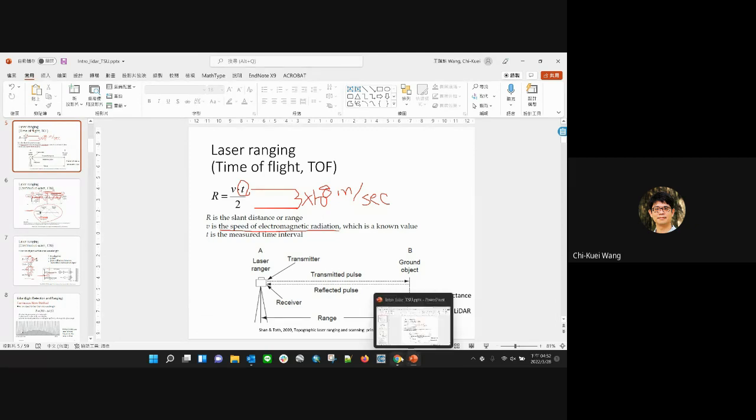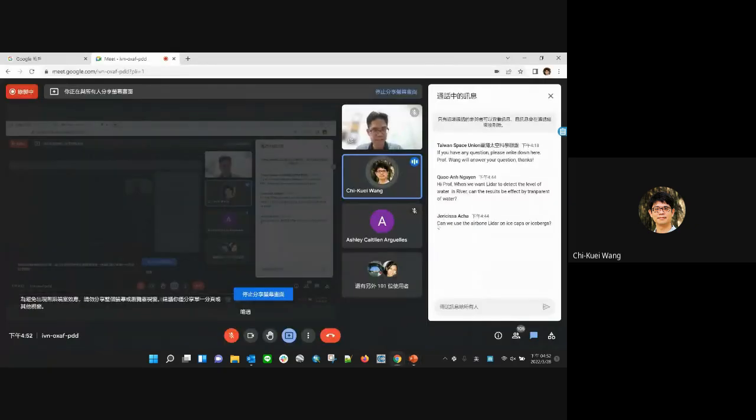All right. The other question is, can we use airborne LiDAR on ice caps or icebergs? Of course, yes. Because the ice caps and icebergs are covered by snow. Of course it's ice, but it's actually covered by snow.